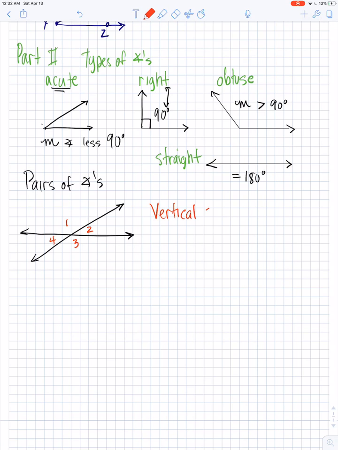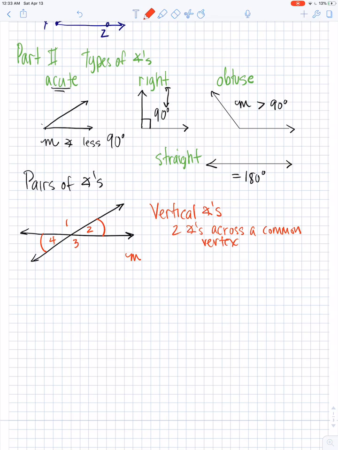So vertical angles are two angles across a common vertex, and they're made up of the same lines. So in this example, angle 2 and angle 4 would be examples of vertical angles.